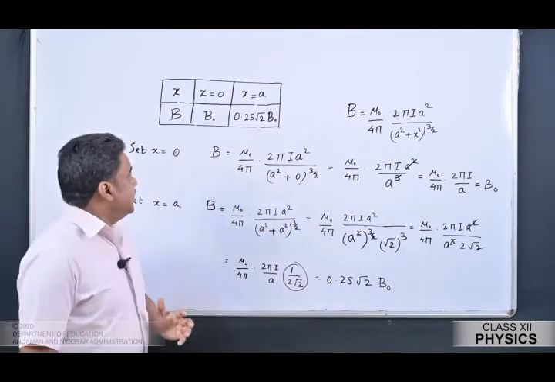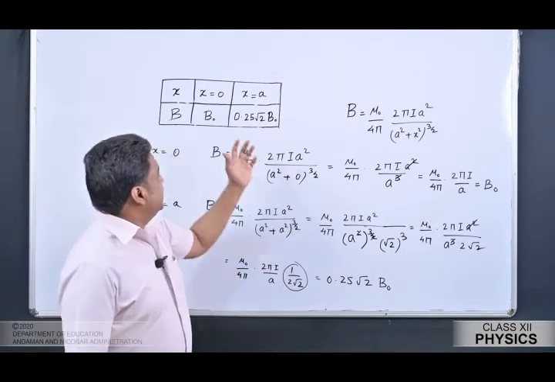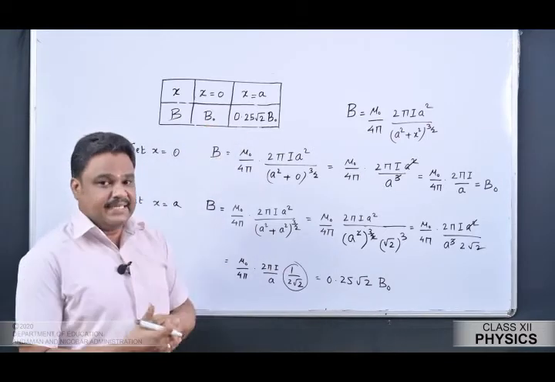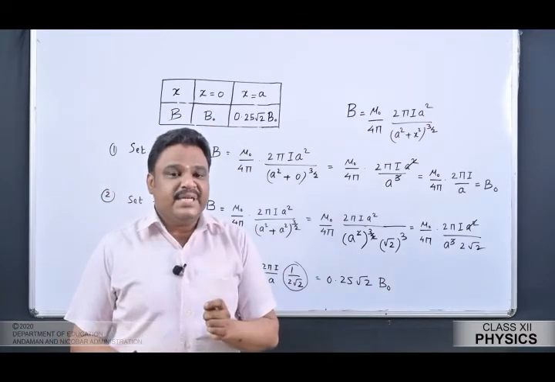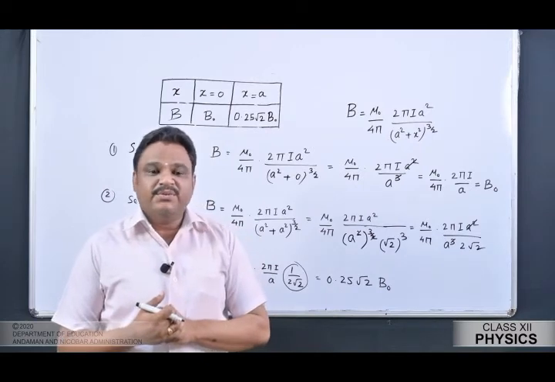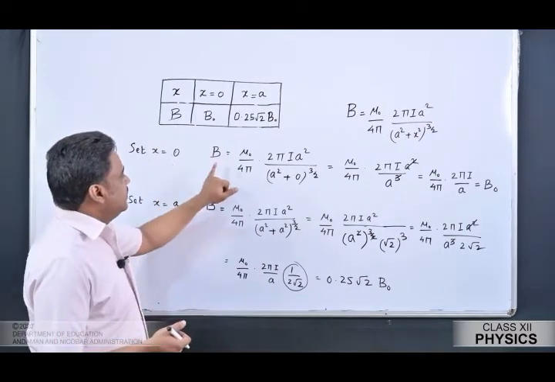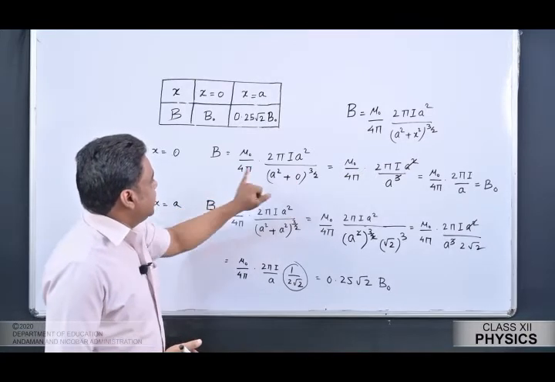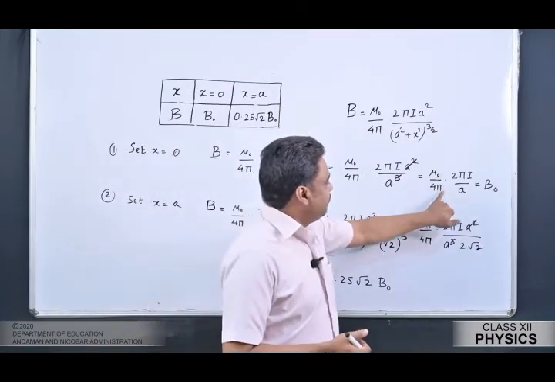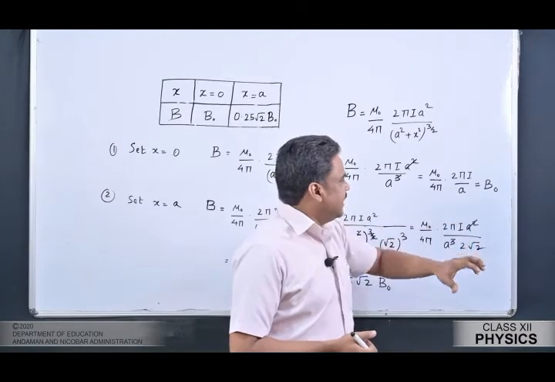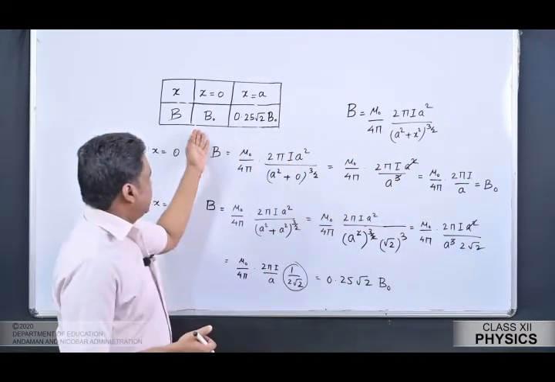So once again our aim is to prove this value as per the data. Initially I set x equal to 0. The magnetic field was B naught. We proved that by setting x equal to 0, I get B is equal to mu naught by 4 pi, 2 pi I by A, and I mark it as B naught as per the question.